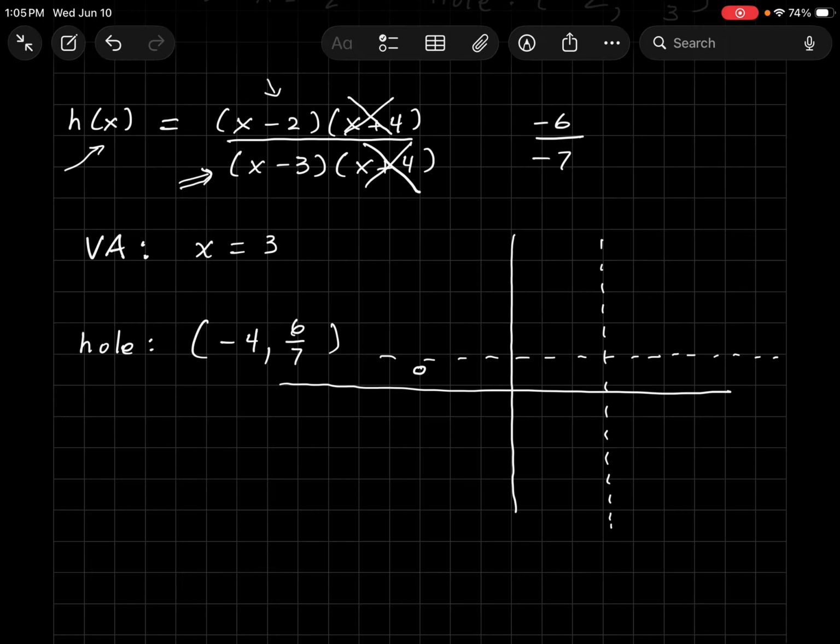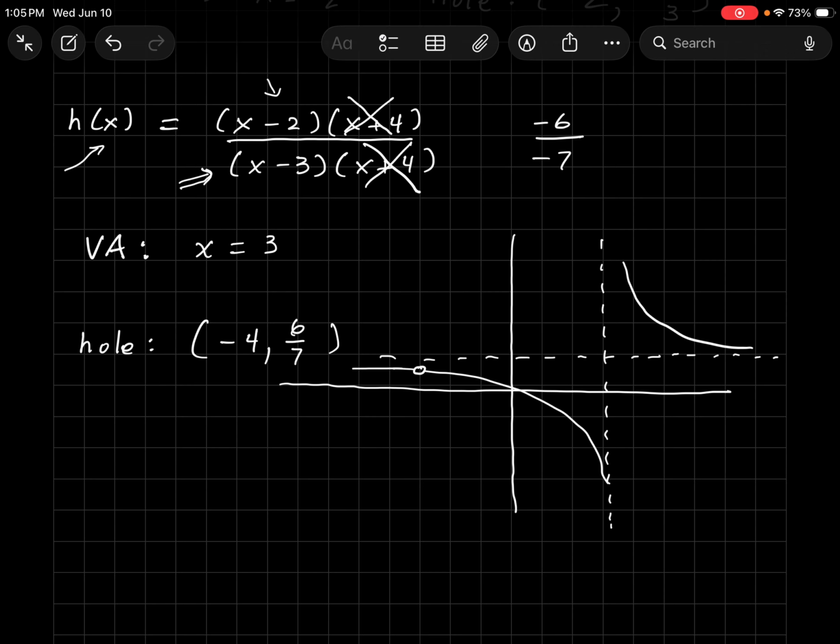Based on some other things that we'll talk about later, also in a later video, I can fill in the rest of my graph. And it might not be perfect, but it's close enough to give me a good idea. Now, what's probably wrong, and I know it's wrong, is that I did not get my y-intercept correct, and I did not get my x-intercept correct either.